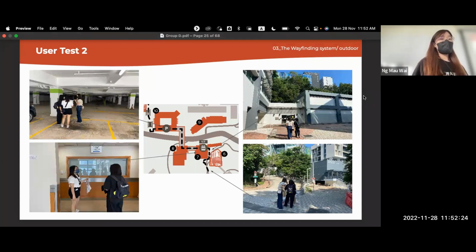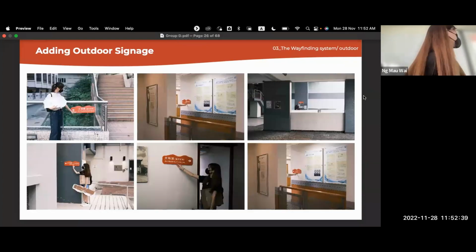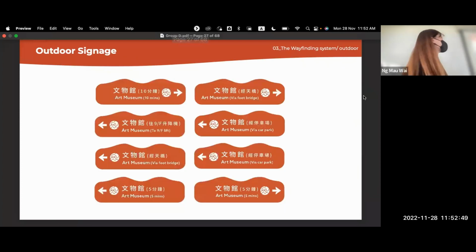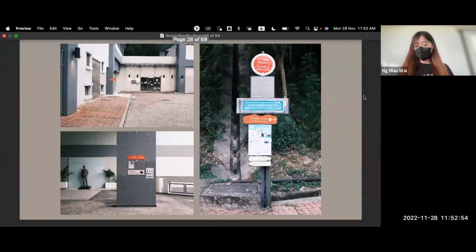In our user test, as Ophelia just mentioned, we found a problem: when users come to this area, they find it very hard and confusing to find the lift to the 9th floor and the footbridge. To solve this problem, we decided to add outdoor signage at some areas to help people find the art museum more easily.